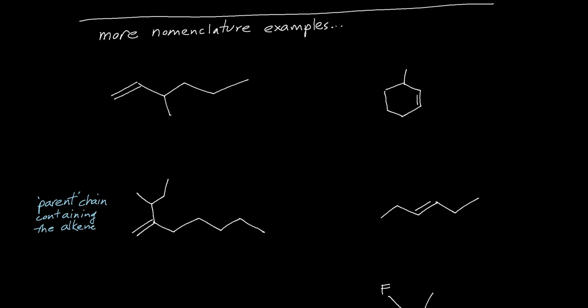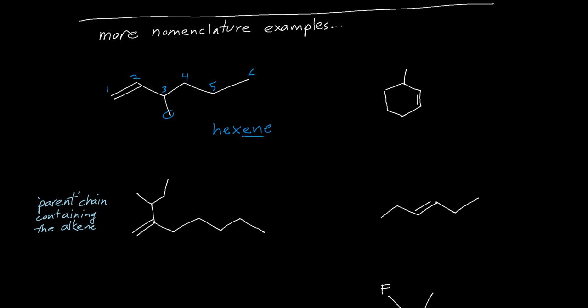And then you number through the alkene. So 1, 2, 3, 4, 5, 6. So it's a hexene. And you need the -ene, not -ane, right? Hexane, hexene, very specific.